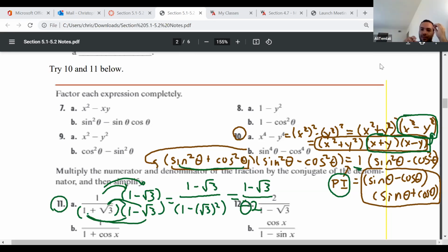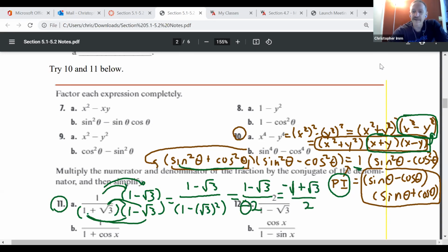So I can take that negative out, distribute it in the numerator. So that would be negative 1 plus root 3 over 2. I sort of take this negative and distribute it through to both there.